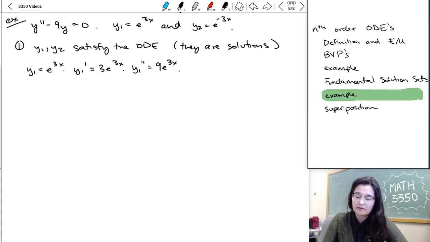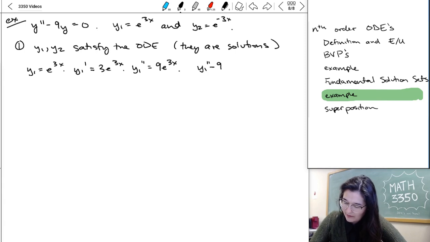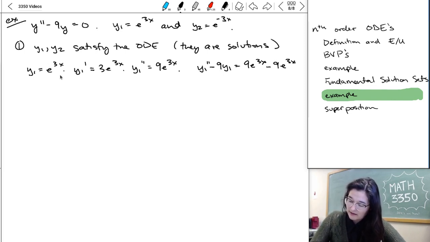And so if I plug that into my differential equation, y1 double prime minus 9y1 is 9 e to 3x for my y1 double prime, and then the regular minus 9 e to 3x from that y1.